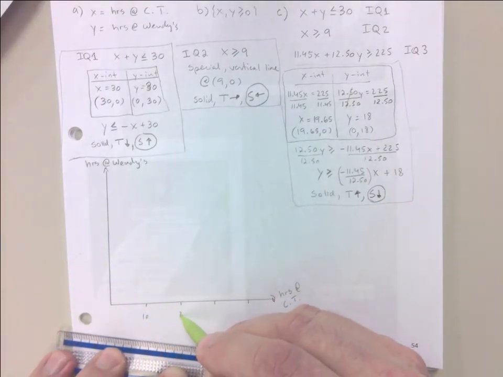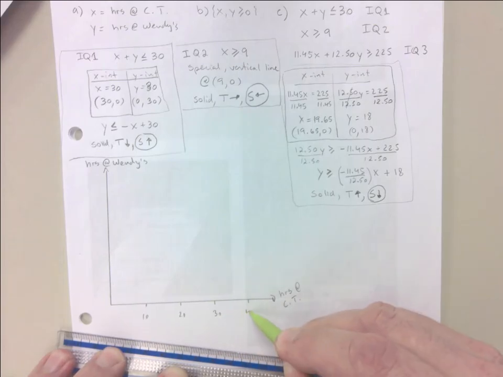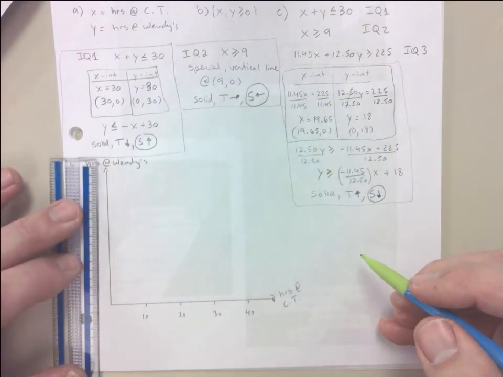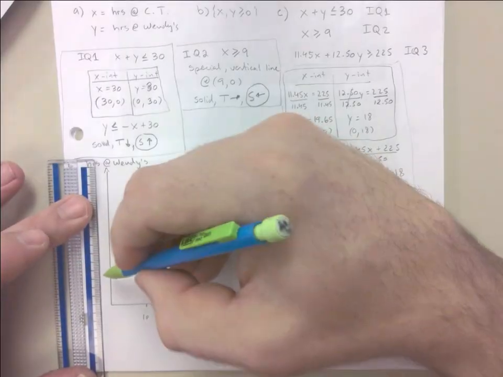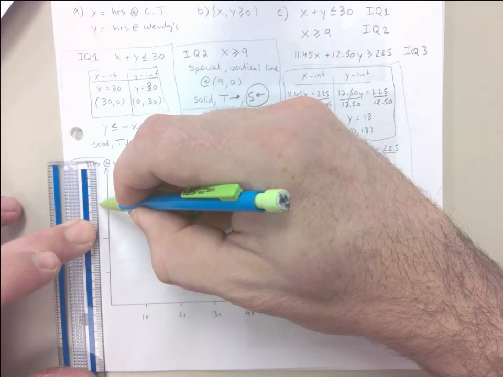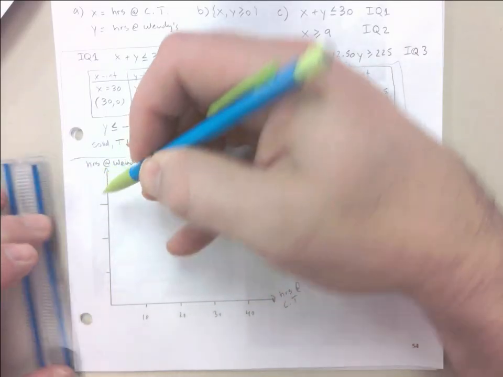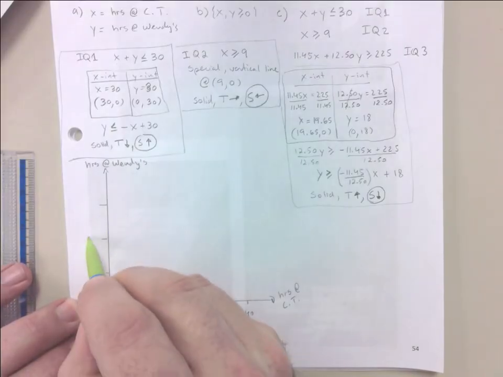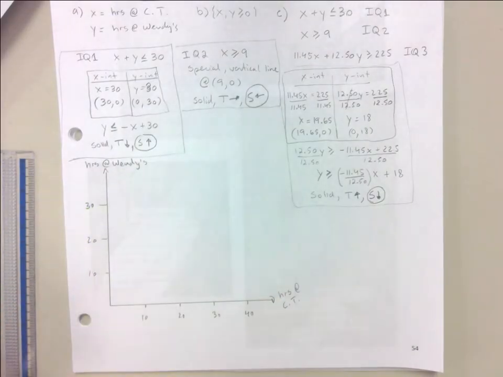So this is 10, 20, 30, 40. And then here I've got 10, 20, 30, and 40 doesn't fit, so I'm just going to leave it like that. So make it work.